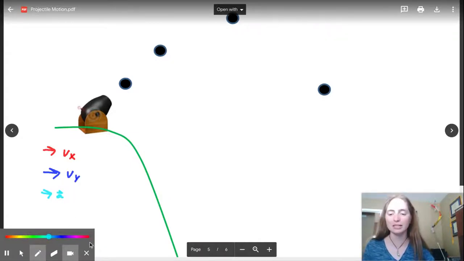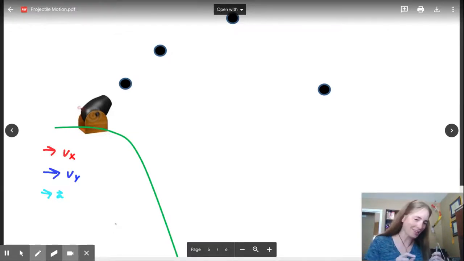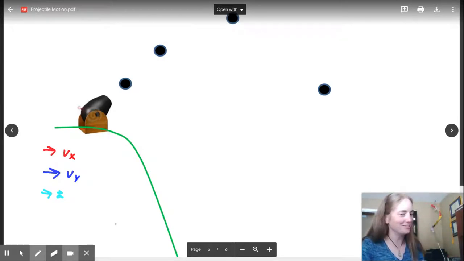So let's start with the easiest one first. Let's do our velocity on the X. Now remember, think back to our Vx in our previous video. Is that uniform or accelerated motion? Uniform. Very good. So because the x portion of the motion is uniform, these arrows are all going to be the same size.